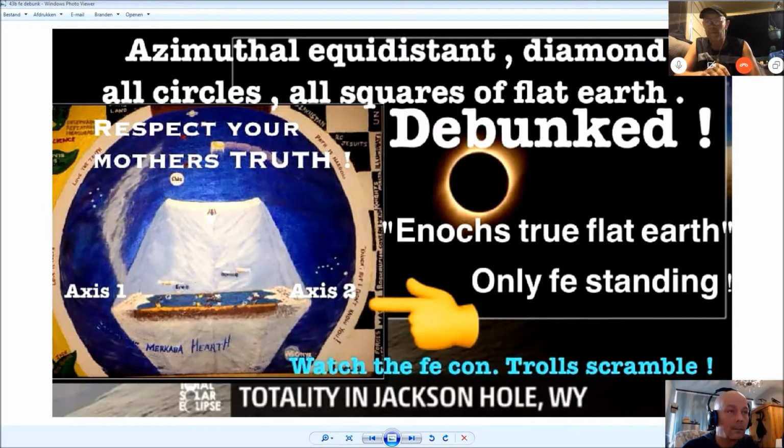There's no rhyme or reason to solar eclipses or lunar eclipses. They just happen very sporadically, completely out of time. If it was a helio model, it should happen to the minute, to the second, over the whole of history, not just the last 20 years.